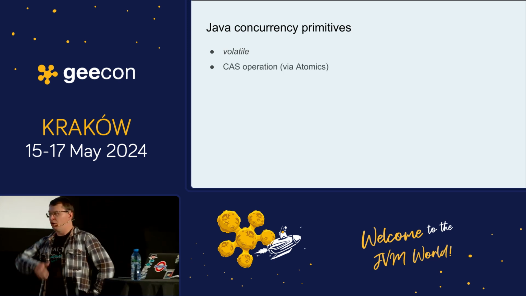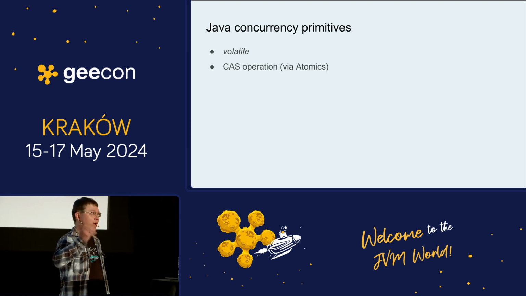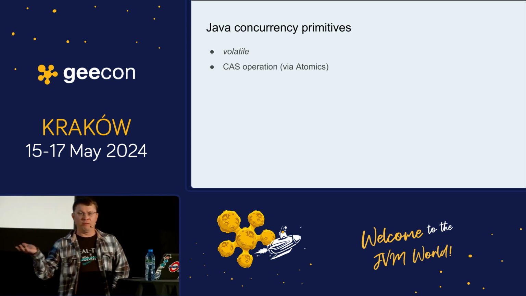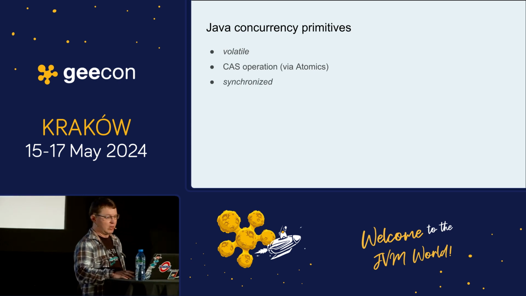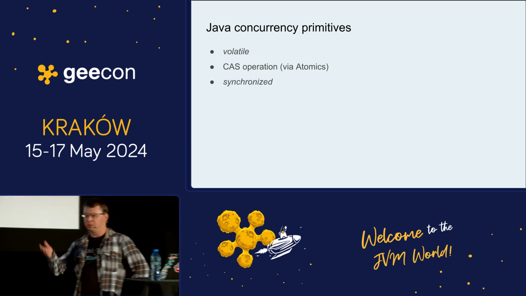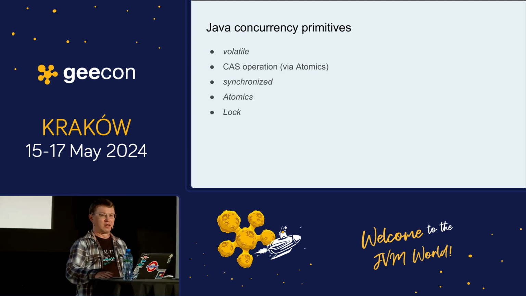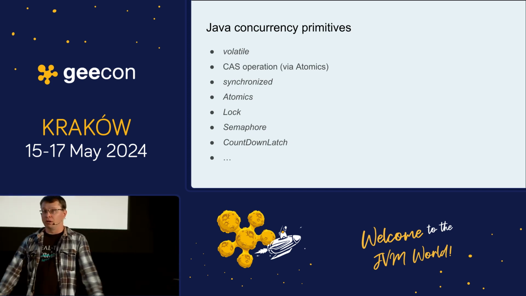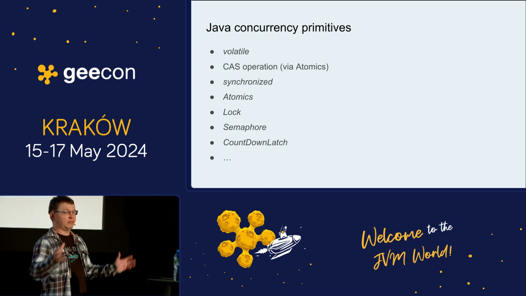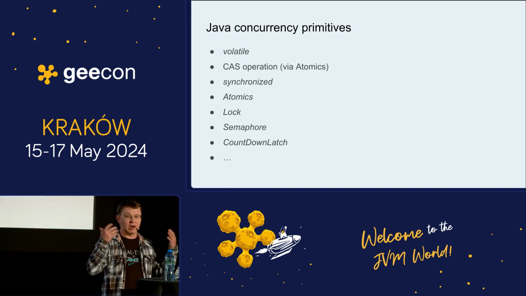Traditional CAS operation was available via Unsafe, but now it is only available via atomics. Traditional old-style synchronized block, atomics, locks, semaphores, CountDownLatches, and many others. So that is what the Java platform provides us that we can use in a multi-threaded environment.